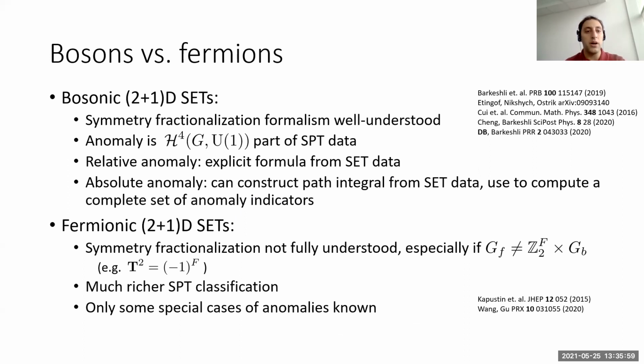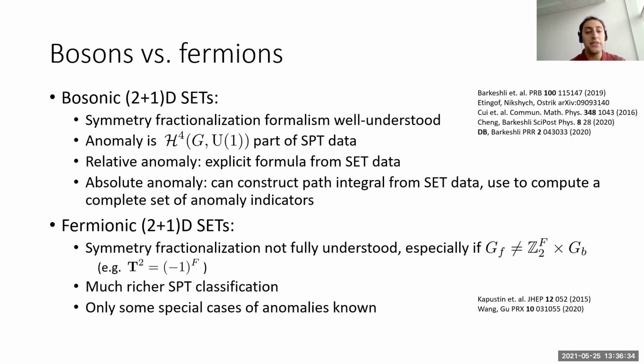At this point, the problem is basically solved for bosonic 2+1D SETs. The symmetry fractionalization formalism is well understood. We know how to determine the fractional quantum numbers that anyons can carry under global symmetries. And the anomaly is given by part of the SPT data, which is the cohomology class. It's valued in the 4th cohomology group, H⁴, of G with U(1) coefficients, where G is the global symmetry group.